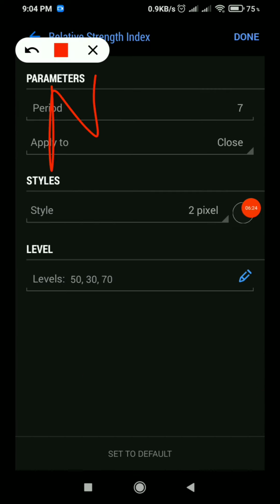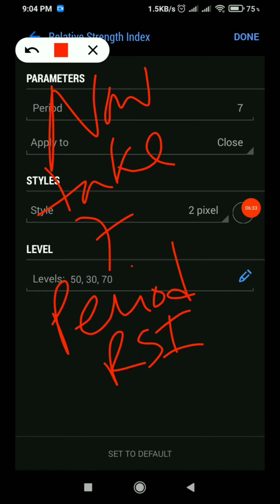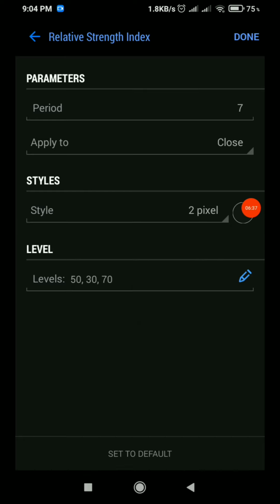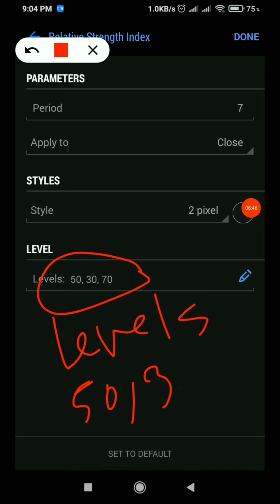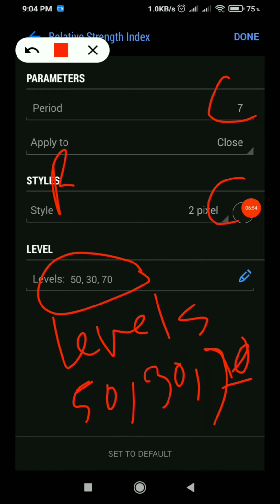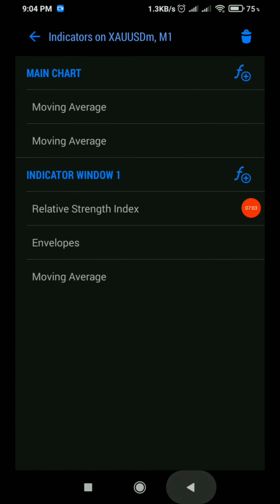And now I'm taking a 7 period RSI, with levels 50, 30 and 70. You just need these 3 levels, and here the color is black, like my background color.